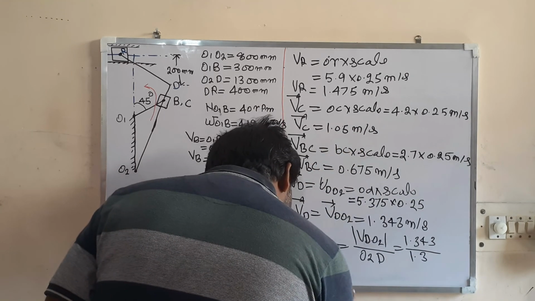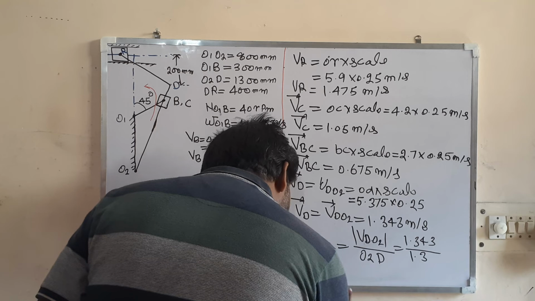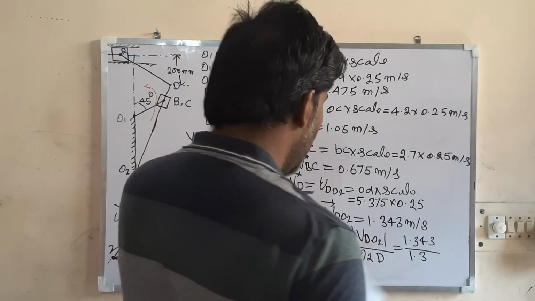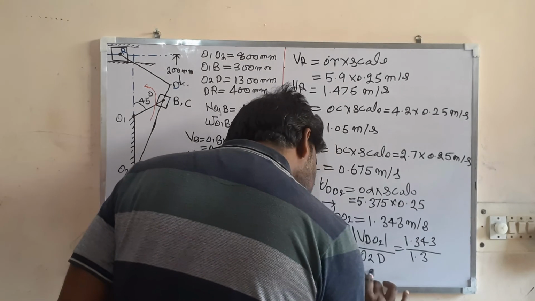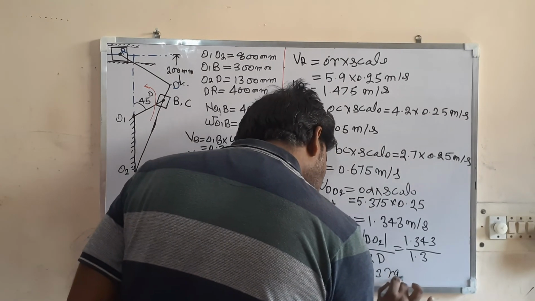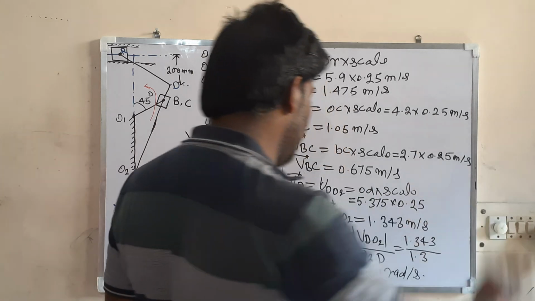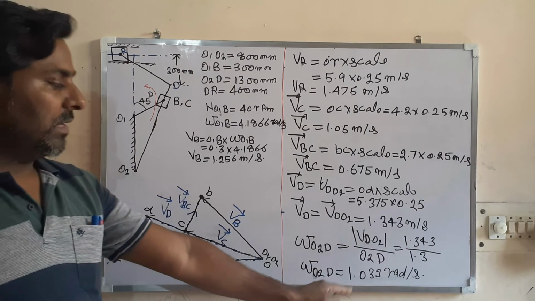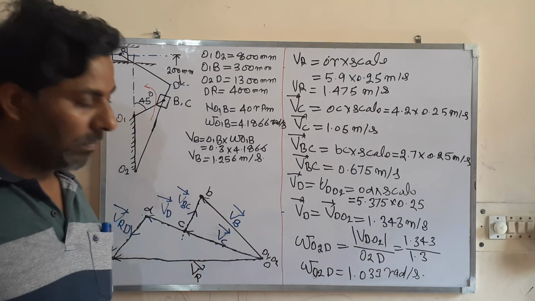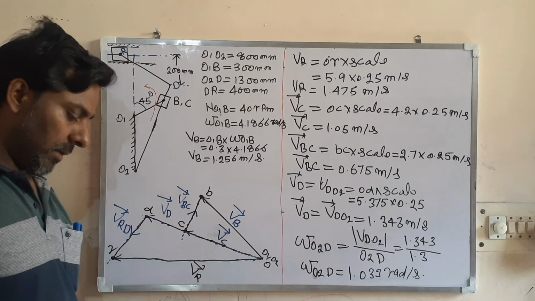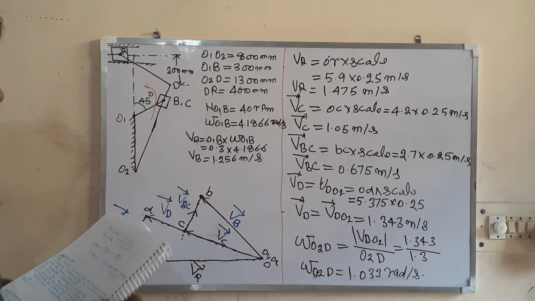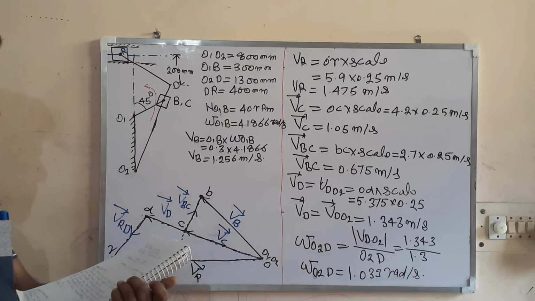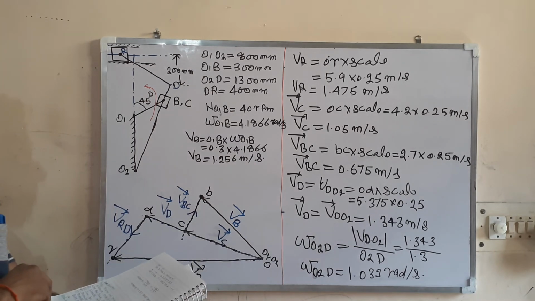So I am getting omega of O2D is equal to 1.033 radian per second. So you are getting angular velocity of this slotted bar O2D is equal to 1.033 radian per second. Its direction will be counterclockwise.